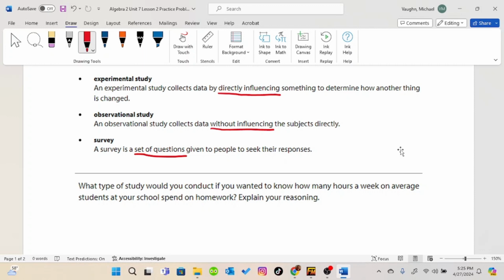So if you are trying to study how many hours a week on average students spend on homework, this is not something that you could observe. You are not following every student all the time. So this could not be observational or experimental.